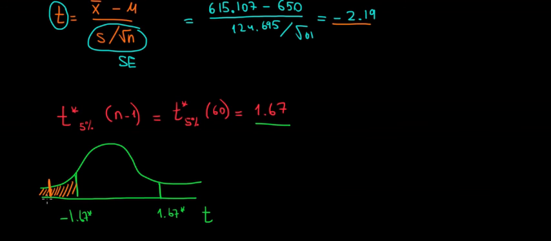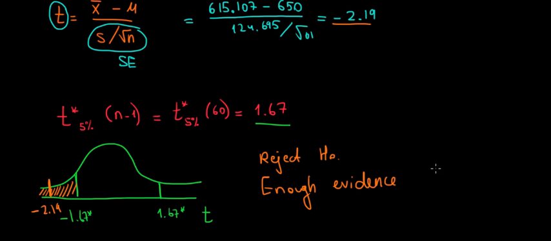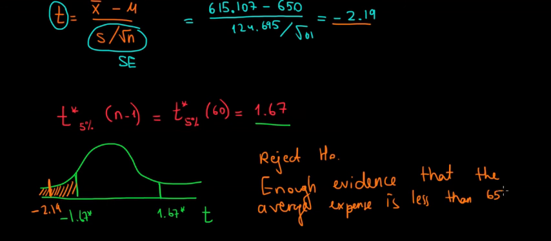So it's, let's say, over here. We can see that it is in the rejection region. So we reject the null hypothesis, which means that we have enough evidence, we're confident enough to claim that the average expenses are less than $650. So that observation, this average of 615, is different enough for us to say that overall the population mean should be lower than 650. Hope this makes sense. We are done.